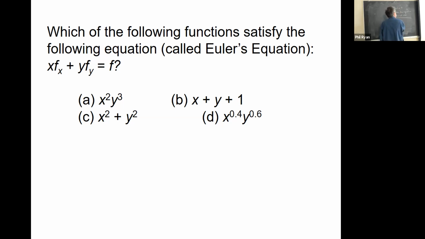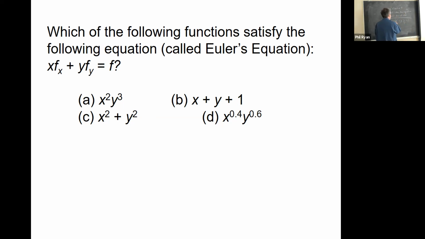We've got x times the partial derivative of x squared y cubed, plus y times the partial derivative of x squared y cubed. What does that equal?